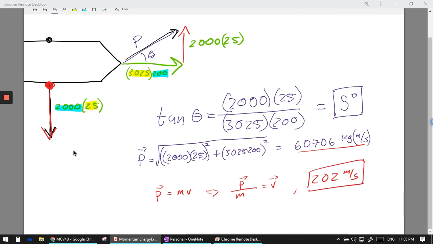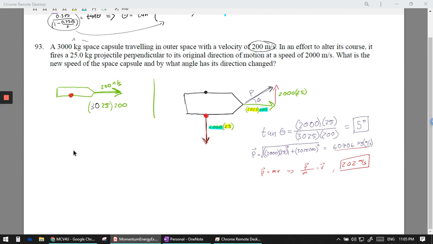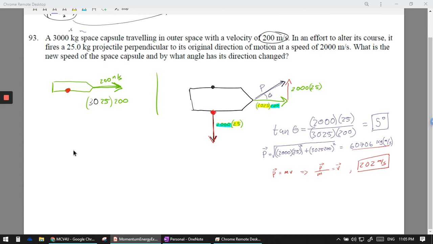So that was a bit of a doozy. That was a weird question. Remember, the way that they write this question out is that the projectile is shot such that they manage to shoot perpendicular to its original direction.